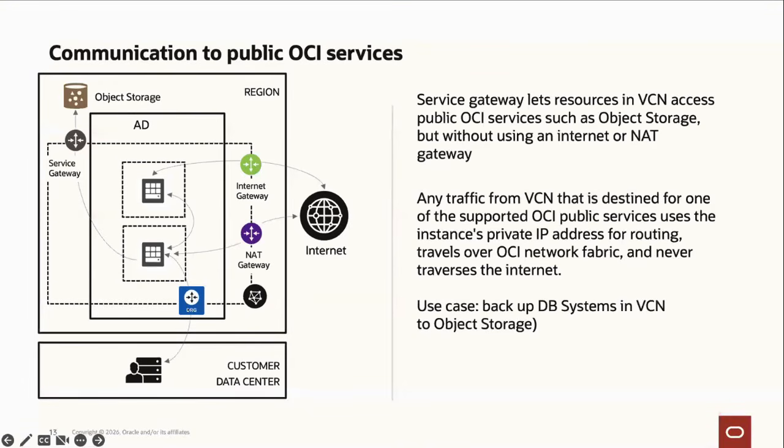Any traffic from the VCN that is heading towards any of the supported OCI public services will use the instance's private IP address for routing. It only travels over the OCI network fabric and never traverses the internet. One use case for service gateways is if you need to back up your database system to Object Storage. You would leverage the service gateway to establish the connection so the VCN can send traffic to Object Storage.